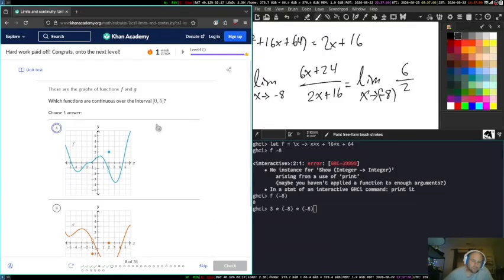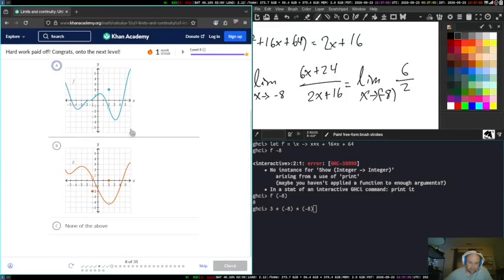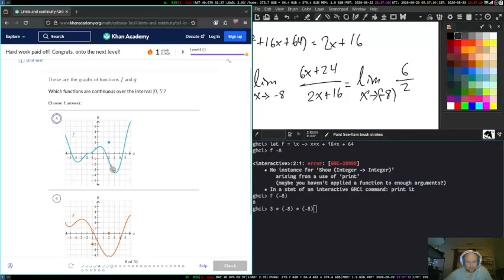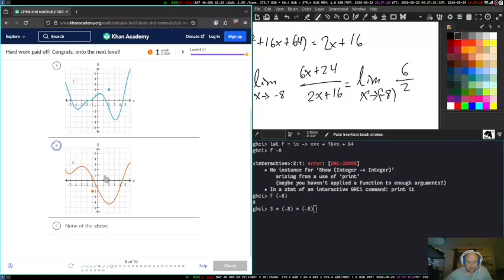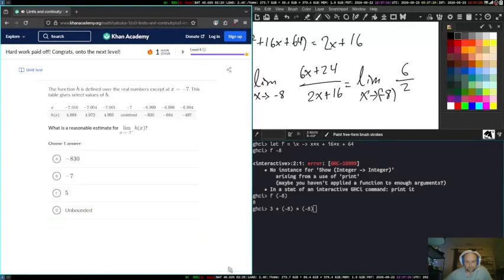Which functions are continuous over the interval 0, 5? Not that one. Not that one. Both of these are discontinuous. The limit as x approaches -7 from the right of h of x.